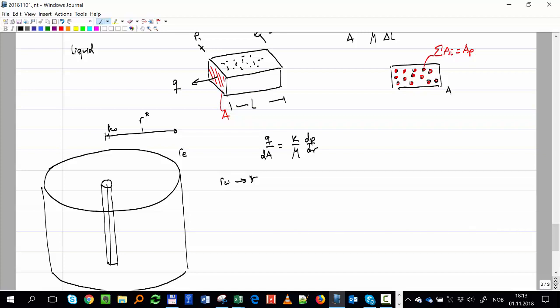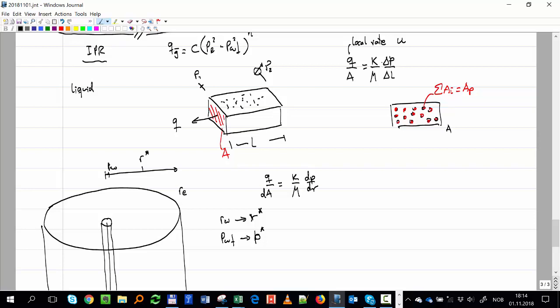To be able to integrate, I want to calculate from this R to R star, and also from PWF all the way to P star. Because we are going to see something very interesting. We use the Darcy equation that he measured in the lab, which gave him a rate, so you have a velocity.